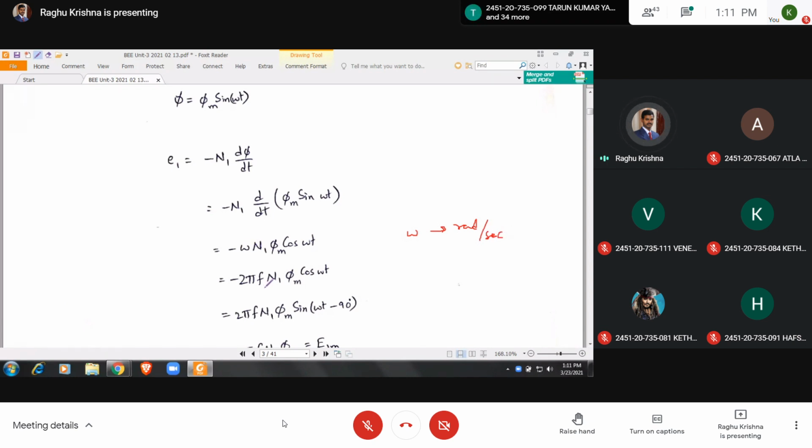Number of cycles per second, and one cycle equals 2 pi radians. So omega equal to 2 pi f. If you have the supply frequency, then you can get omega by 2 pi f.